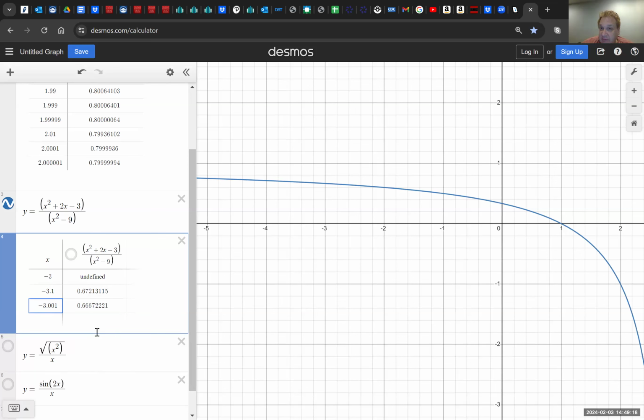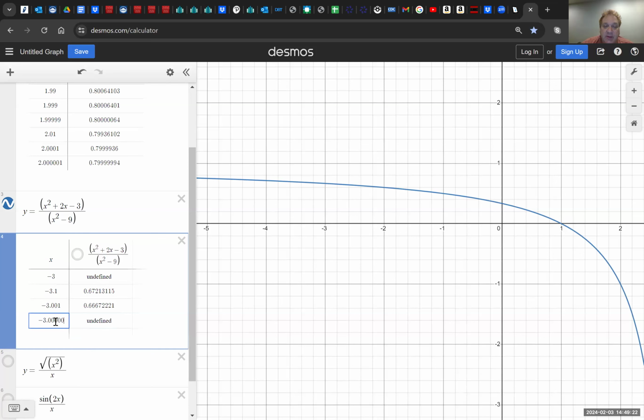That would be closer to -3. Or even closer, might be something looking like that. If we want to come from the right side, we need numbers that are larger than -3, like between -3 and -2, but closer to -3. So a number here would be like -2.9, something like that.